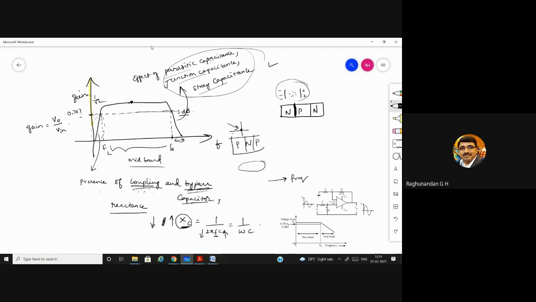Such capacitance is known as junction capacitance. Coming to stray capacitance, these are stray or wiring capacitances, exhibited by the wires or other connectivity. Because of these reactances, the gain will be further reduced.